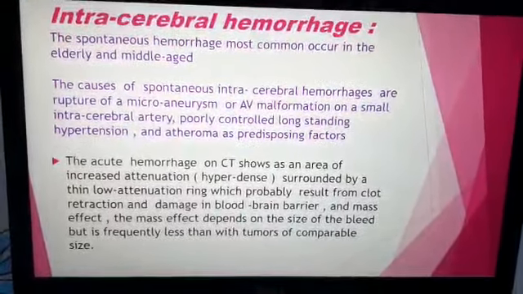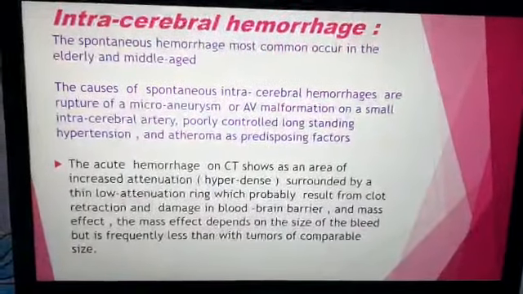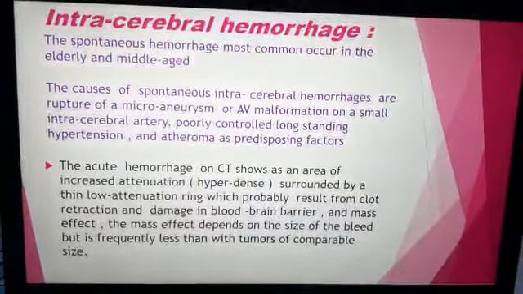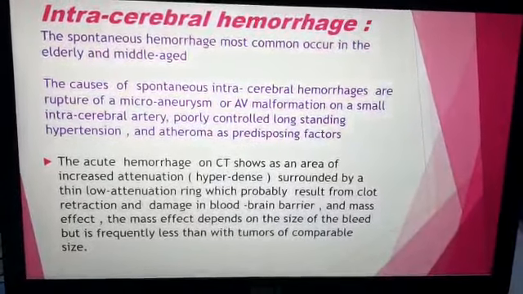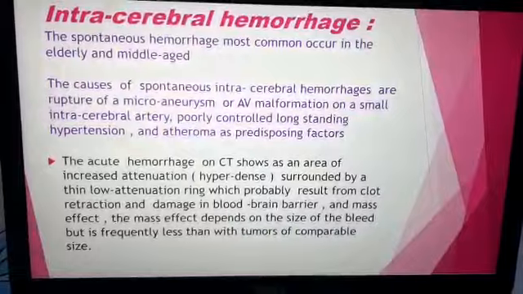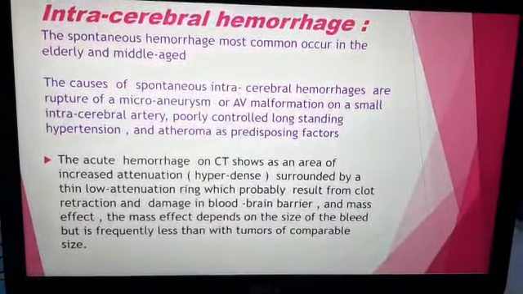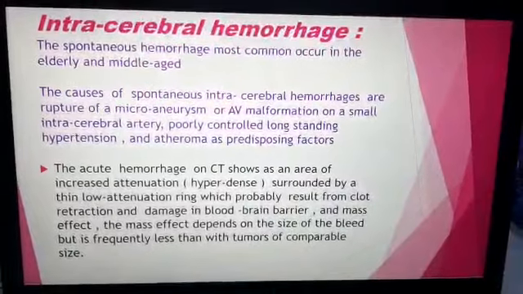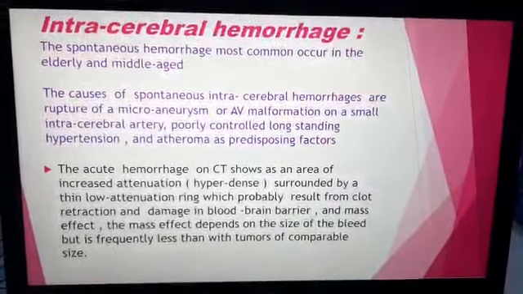If the patient doesn't have any previous medical history and has spontaneous intracranial hemorrhage, the cause is a ruptured microaneurysm or ruptured AV malformation, and this occurs mostly in middle age. Another cause is major trauma, which can cause laceration of the brain and intracerebral hemorrhage.